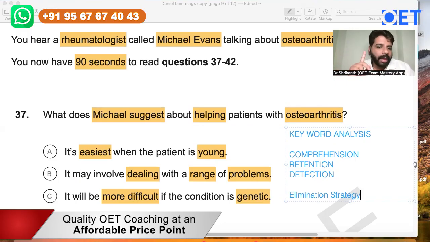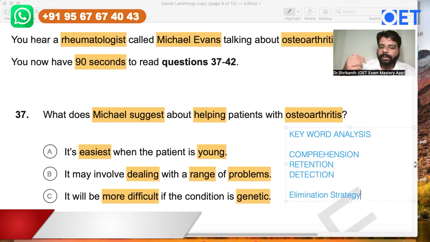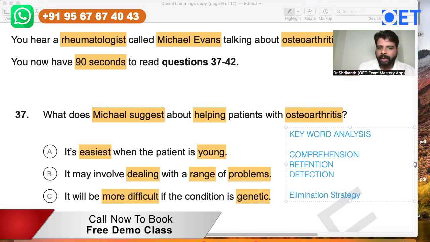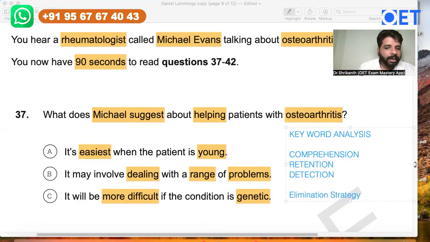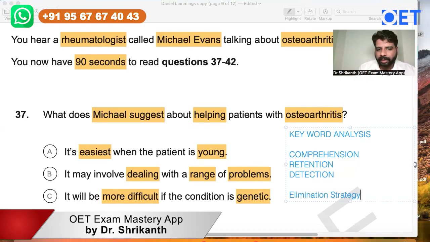If you are able to eliminate at least one answer option properly, then you are left with a 50-50 chance. And if you eliminate two answer options, then you have a 100% chance of choosing the correct answer. That is how important the elimination strategy is.